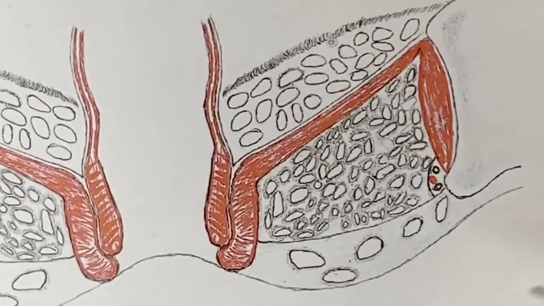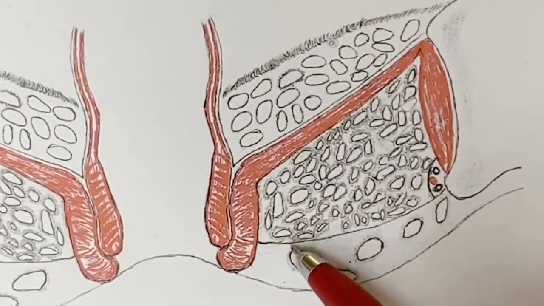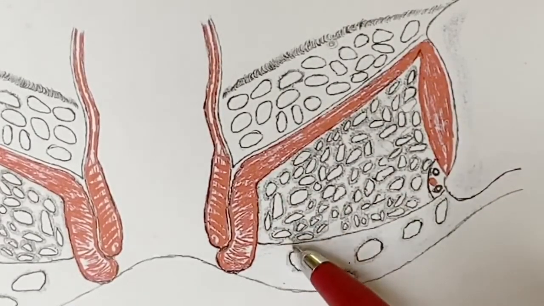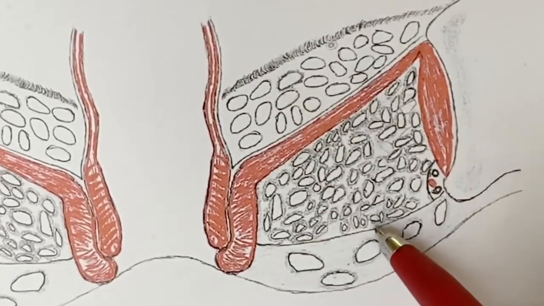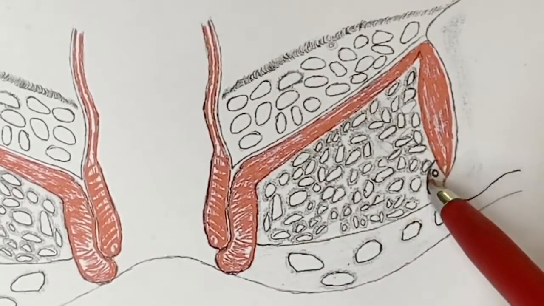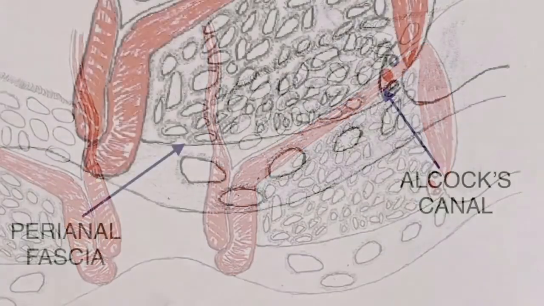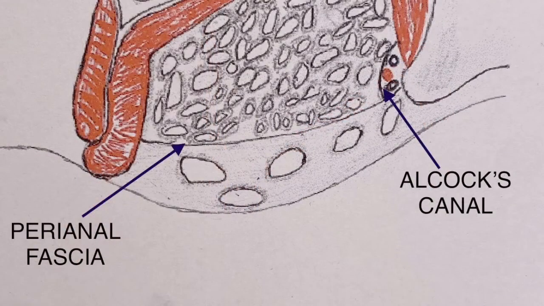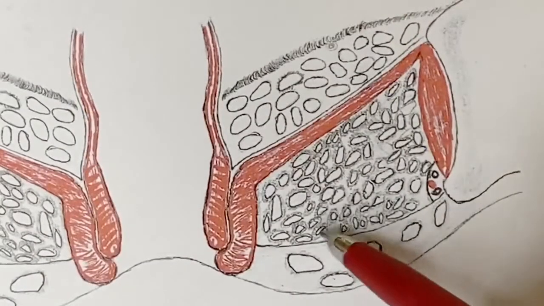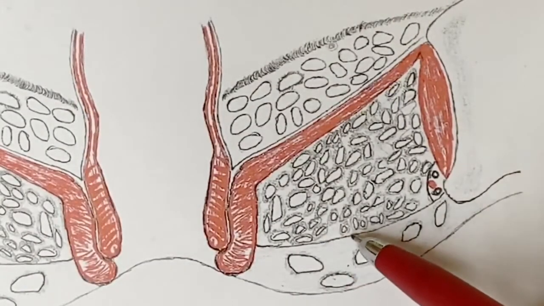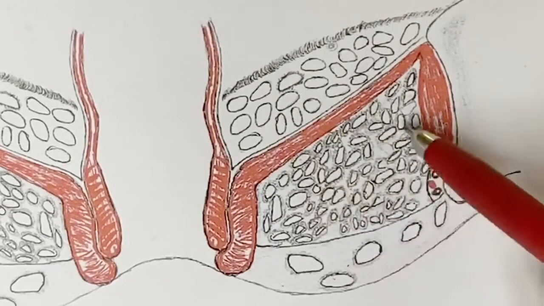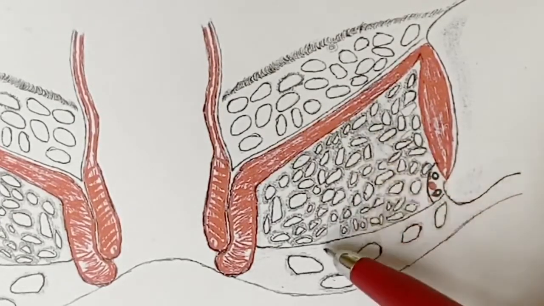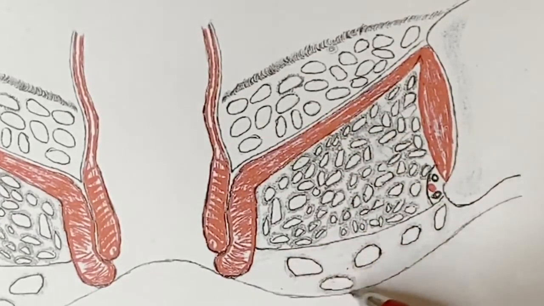You can see here, this is the perianal fascia, which moves in a horizontal fashion and joins this Alcock's canal. This is going to divide the ischiorectal space and the perianal space.